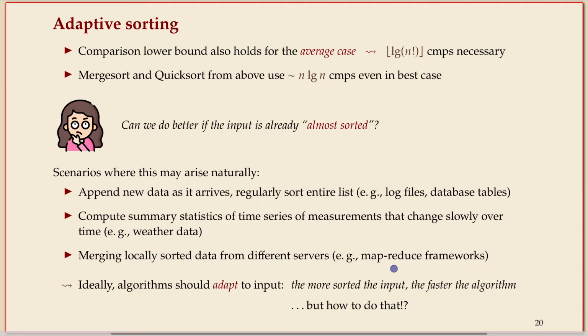Question? Yeah, to answer the question about how you can do better: instead of sorting individual elements, you could go over the array and break it into contiguous chunks that are already sorted.